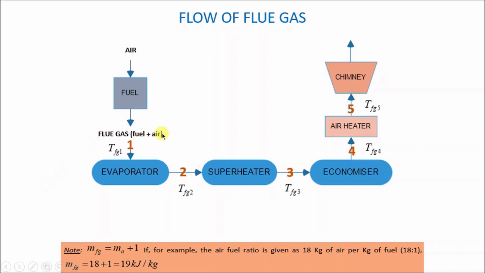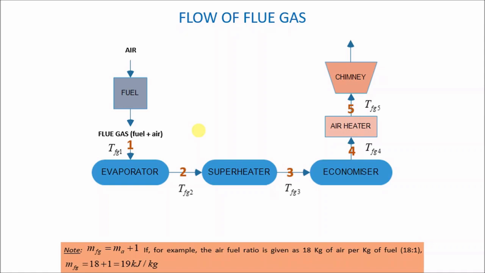So you have the flue gas here at state 1. Okay, you have the flue gas here at position 1, as you can see. And so this flue gas, how does it go? We saw that when it's water, the water flows from the economizer into the evaporator and into the superheater, okay?